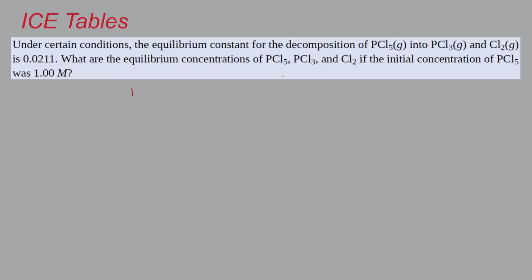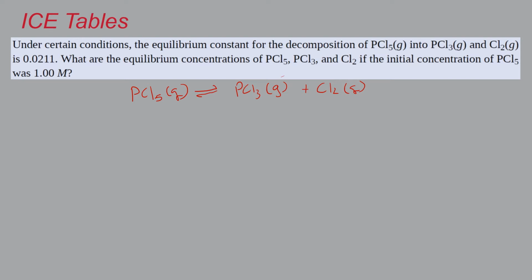So we've got one reactant, PCl5, and it decomposes into PCl3 and Cl2, all gases here. And check for balance because we know that's important, and we're good. It's 1 to 1 to 1.